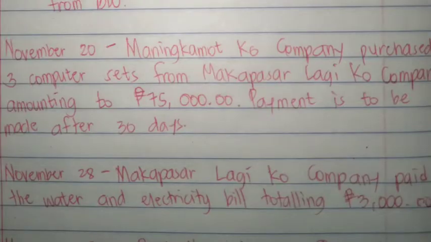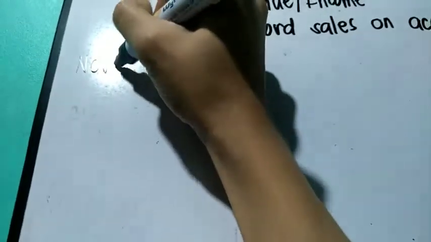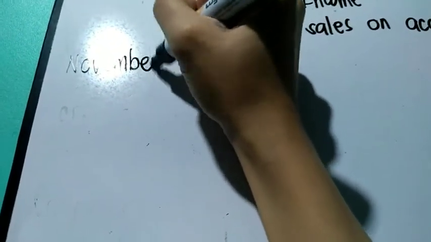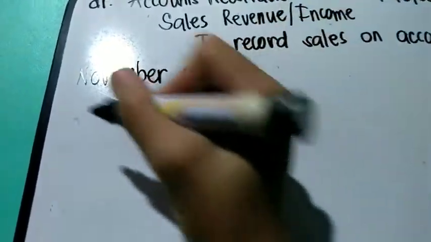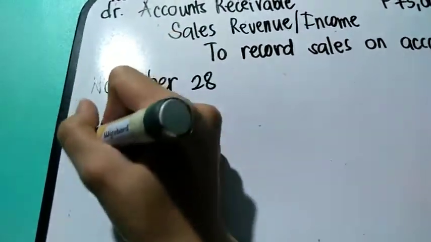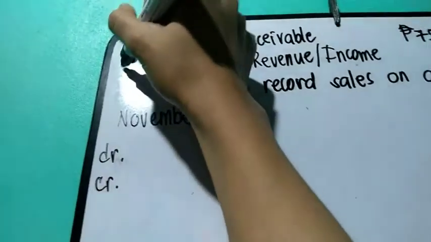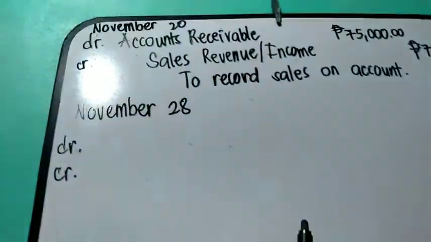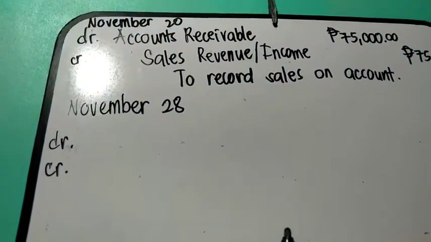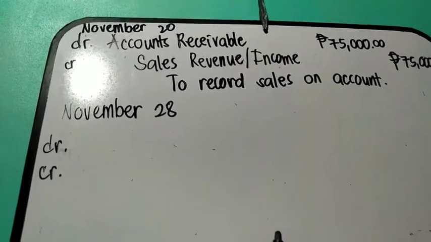For our next transaction, in November 28, Makapasar Lagiko Company paid the water and electricity bill totaling 3,000 pesos. So this is in November 28. I forgot to write the credit at the top. So for the debit, what's your value received?